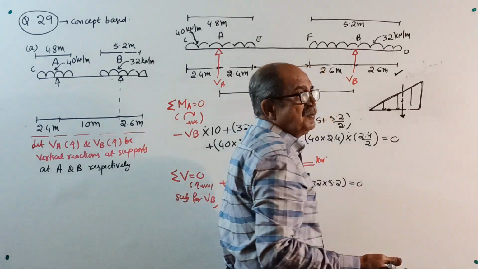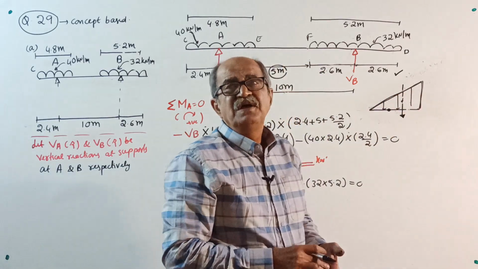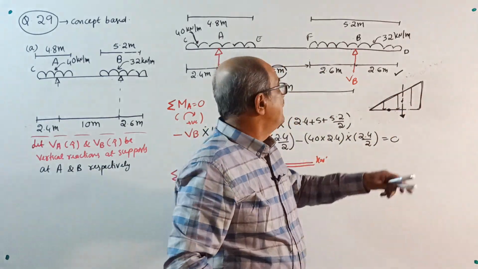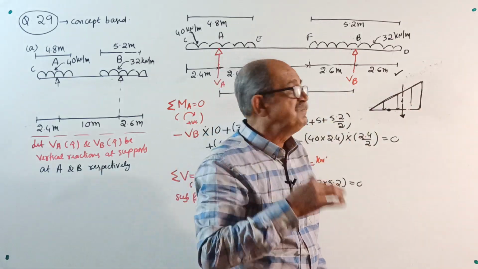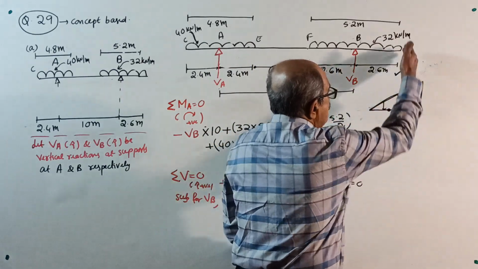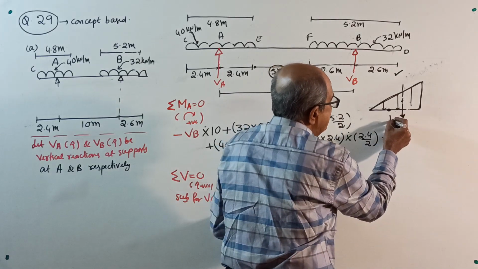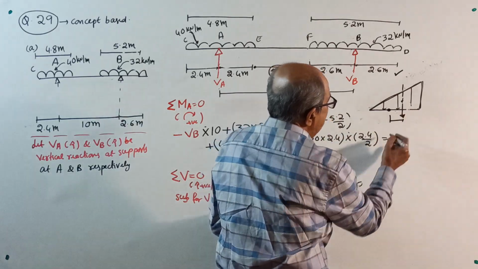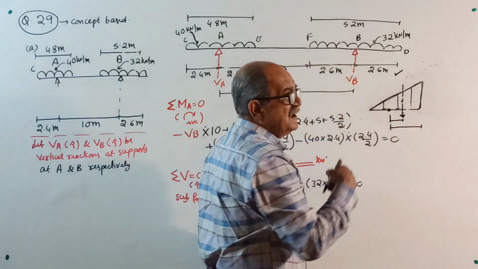Then, instead of struggling with the left side triangle and right side trapezium, or dividing the trapezium into rectangle and triangle, in a single step: total load, half into full base into height, into this distance over. How much is it? It is whatever this distance is minus 1/3 of that distance.